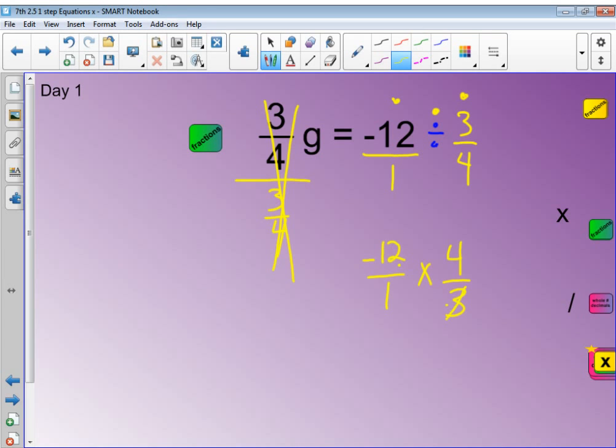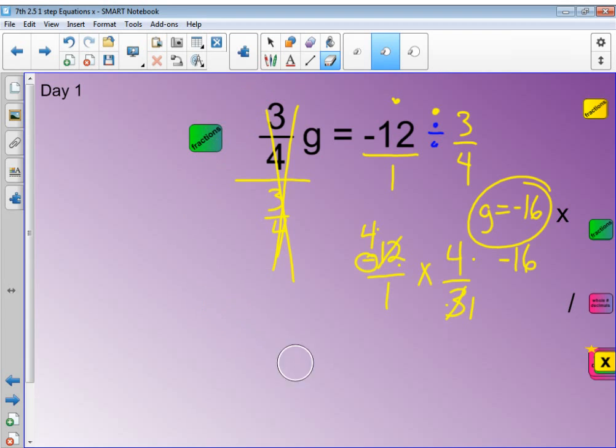So 3 would go into 3 once and into 12 4 times. And now when I multiply straight across, 4 times 4 is 16 over 1, so I can keep it as 16. I had one negative sign, so it's a negative 16. So G equals negative 16 as a final answer.